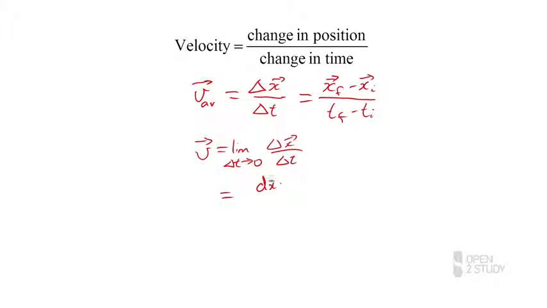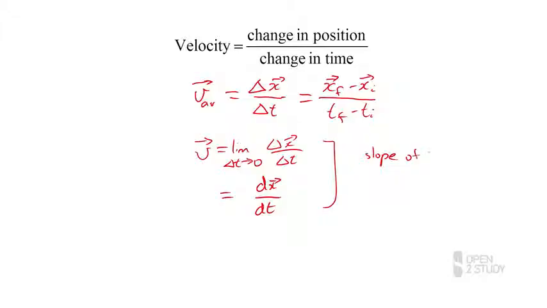This is the derivative of position with respect to time, dx by dt. But either way, what this is really telling us is that the velocity will be the slope of a line if we draw a position versus time graph. And the units we're going to be using here will be the units of position divided by the units of time. So not surprisingly, we'll be doing our velocities in units of meters per second.